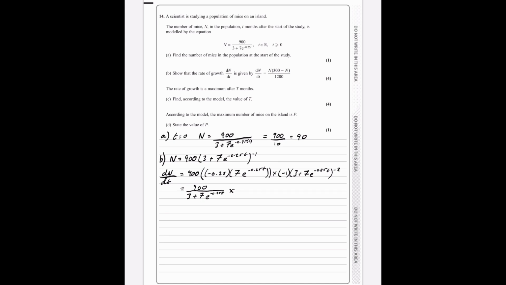Then we're going to times by, the negatives will cancel, negative 0.25 times negative 1, the minuses cancel, so just a 0.25. We've got the 7e to the minus 0.25t, and all of that is going to go over the second 3 plus 7e to the minus 0.25t's.